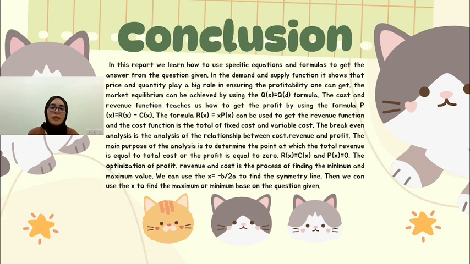The optimization of profit, revenue, and cost is the process of finding the minimum and maximum value. You can use x equal to negative b divided by 2a to find the symmetry line. Then we can use the x to find the maximum or the minimum based on the equation given. So thank you for listening.